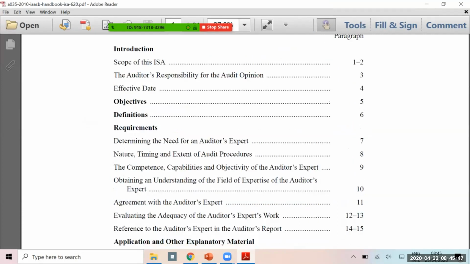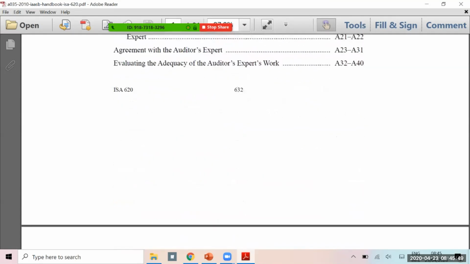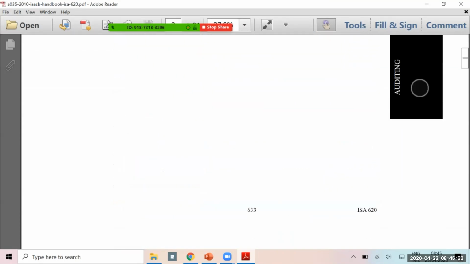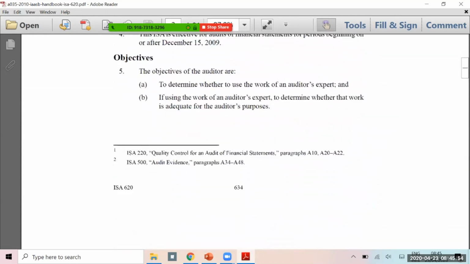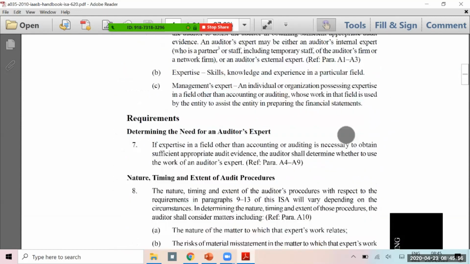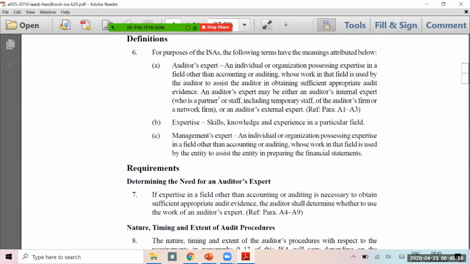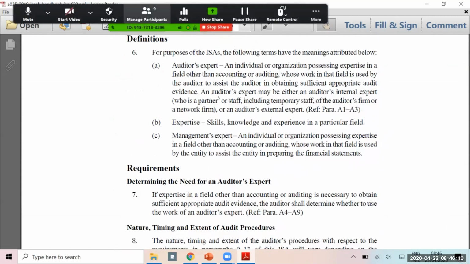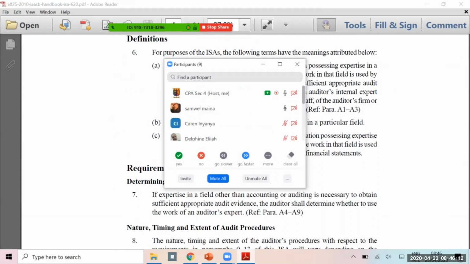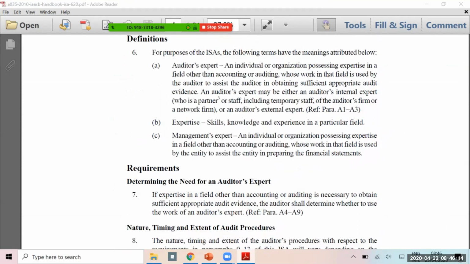Okay, thank you. So we were discussing ISA 620. Let me just go back to where we were. We are defining what we refer to as the audit expert and what we refer to as the management expert. These are going to be individuals. For the case of the management expert, don't forget that this is going to be hired by your client.